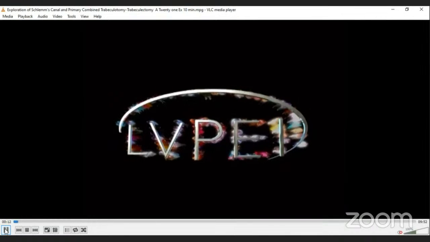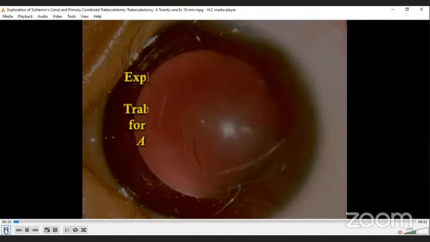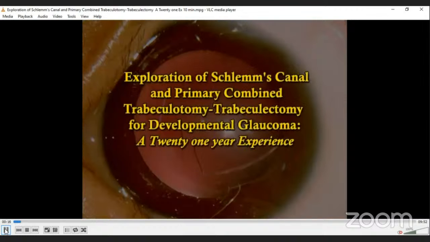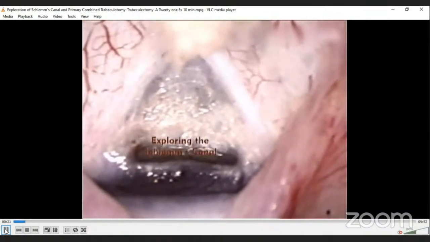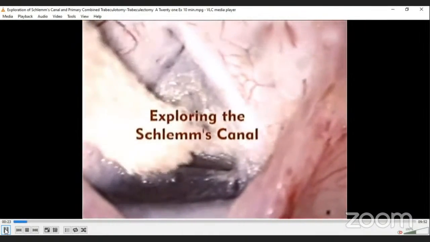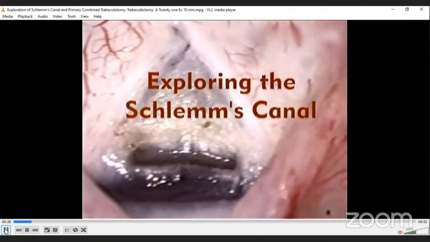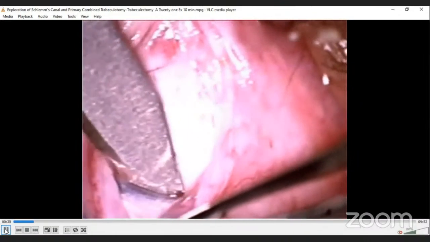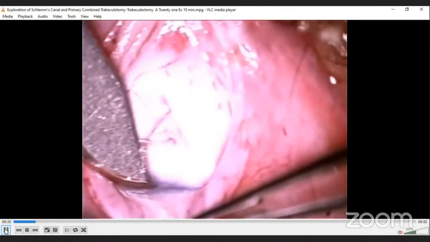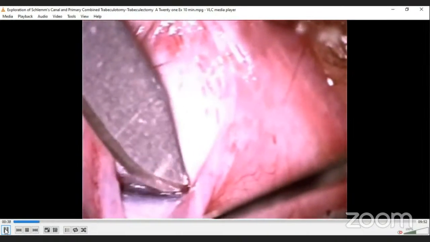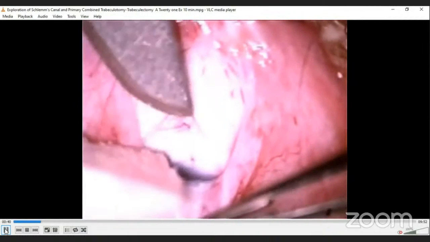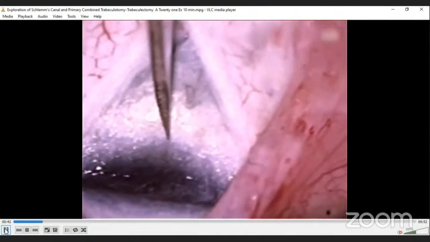So in the video, I would like to present exploration of Schlemm's canal and primary combined trabeculotomy and trabeculectomy for developmental glaucoma. Exploring Schlemm's canal is one of the key surgical steps for doing external trabeculotomy. Anatomy of the limbal region must be carefully identified before one can proceed to explore the Schlemm's canal.